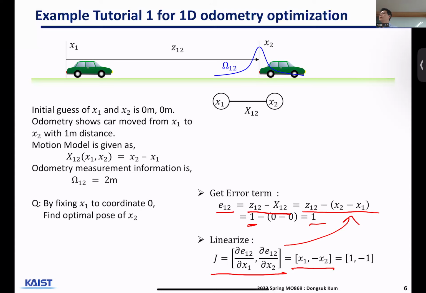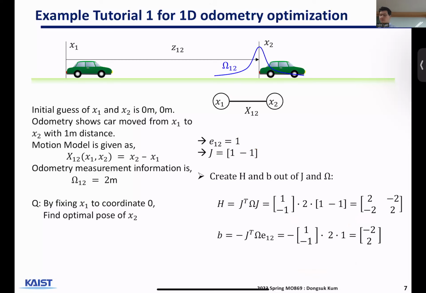Okay. Are you guys following? So take the partial of E12 with respect to X1 and X2. And if you plug numbers in, then you get that value. So this is what we got so far.